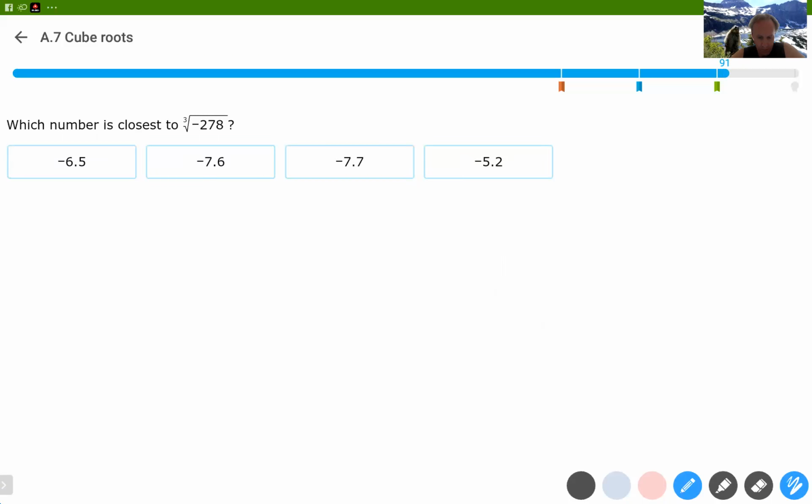All right, this time we are between the cube root of negative 216, which is negative 6, and the cube root of negative 343, which is negative 7. And we're in between those two. So it looks like it's the negative 6.5 is the only possibility.